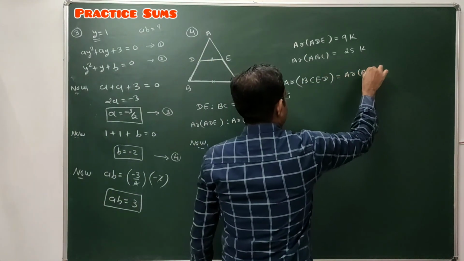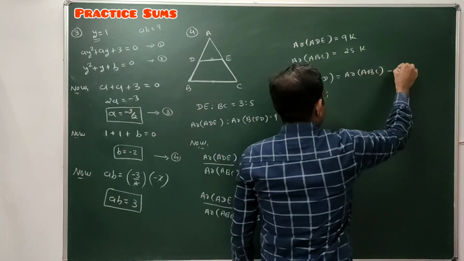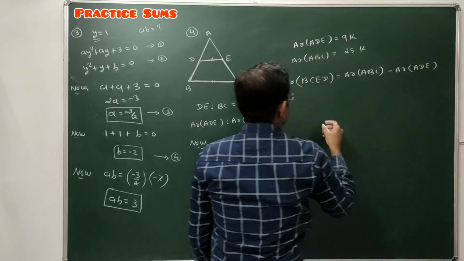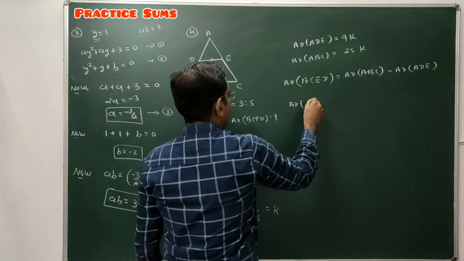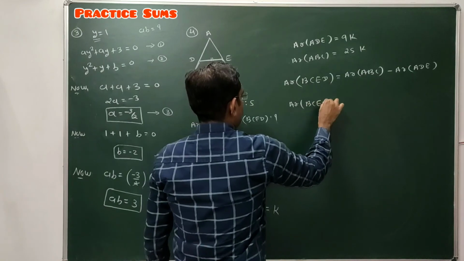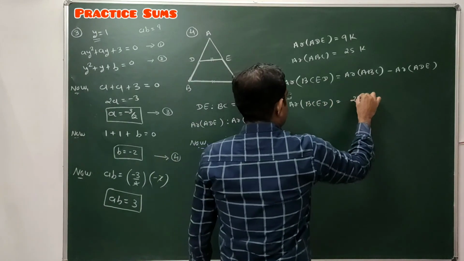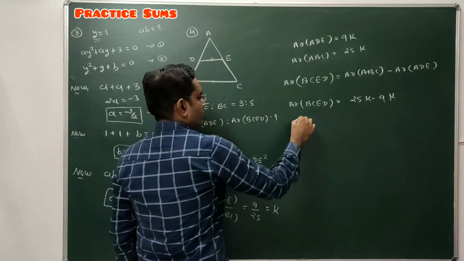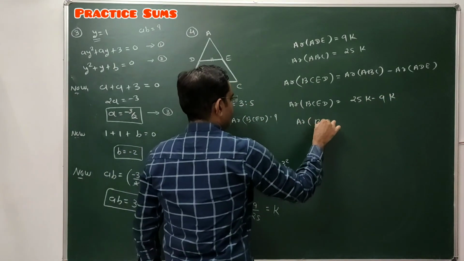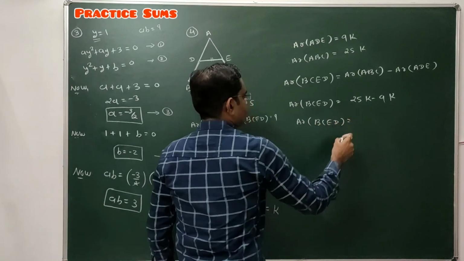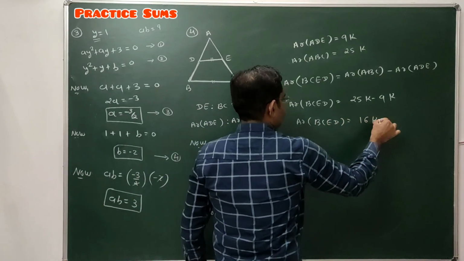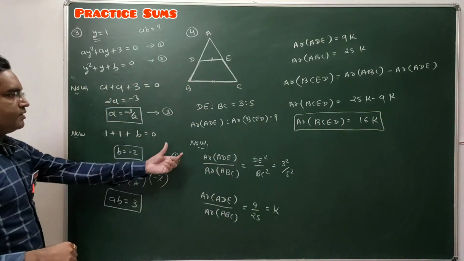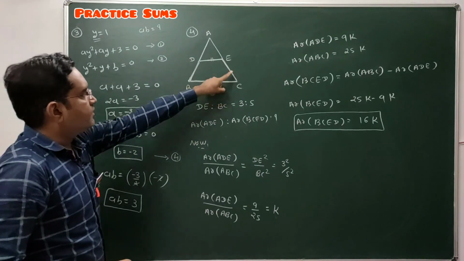Area of triangle ABC minus area of triangle ADE. So here we are getting area of trapezium BCED equal to 25K minus 9K. Clear students? So here we are getting the area of trapezium BCED. Area of trapezium BCED is nothing but the 16K. So what we have to find? We have to find the ratio of this triangle ADE and trapezium BCED.